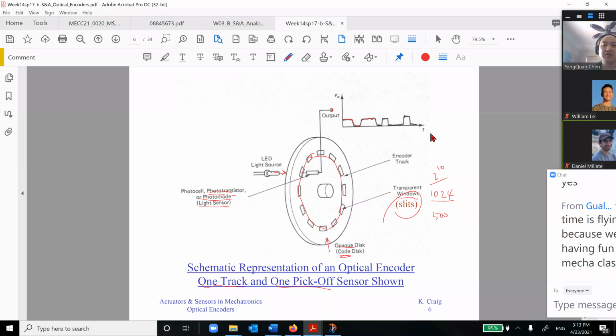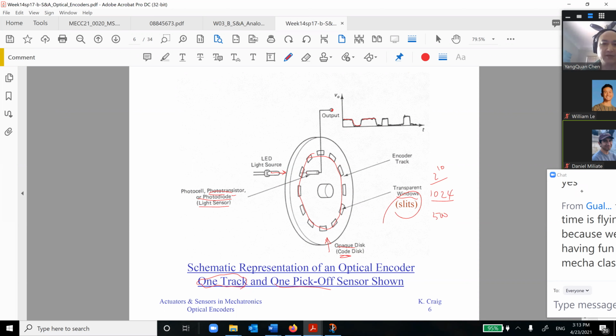That's the basic principle called the optical encoder. This one circle of physical windows is called one track. And you have a pickup point here. It's only one pickup point.